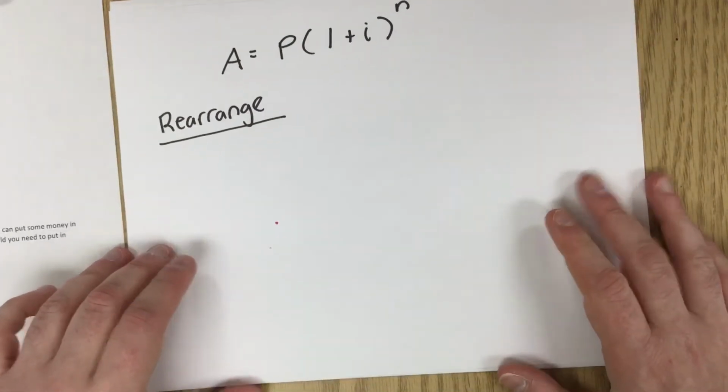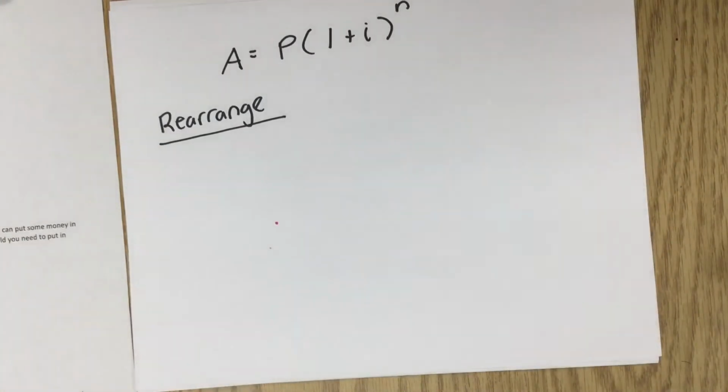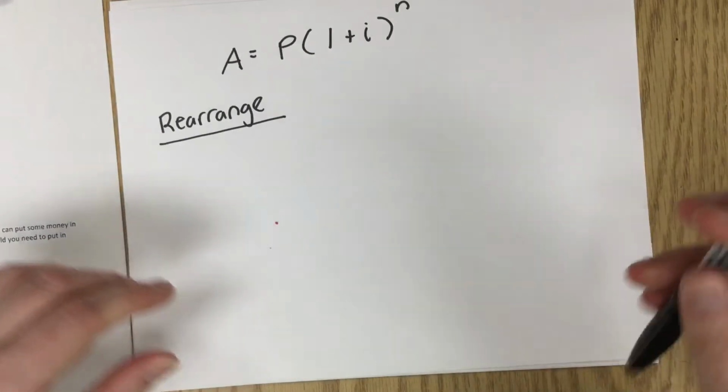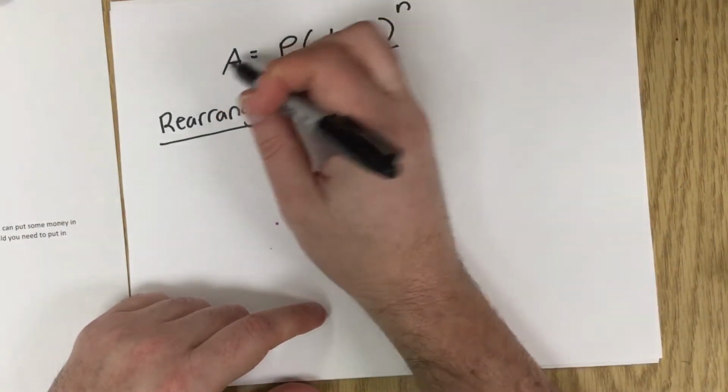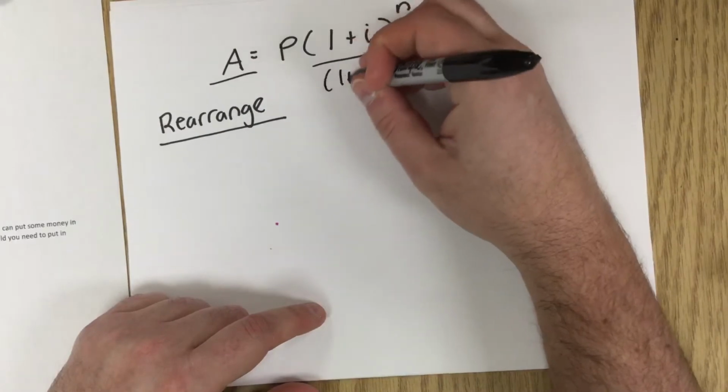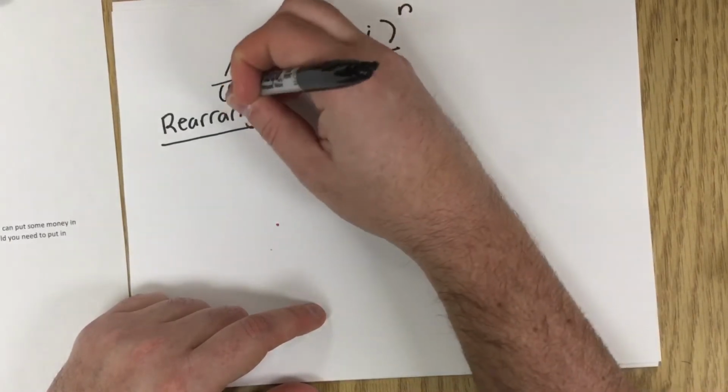If you didn't, we're going to do it with math and formulas. So we have our usual compound interest formula, and we're going to rearrange it. What we're going to do is divide both sides by 1 plus i to the n.